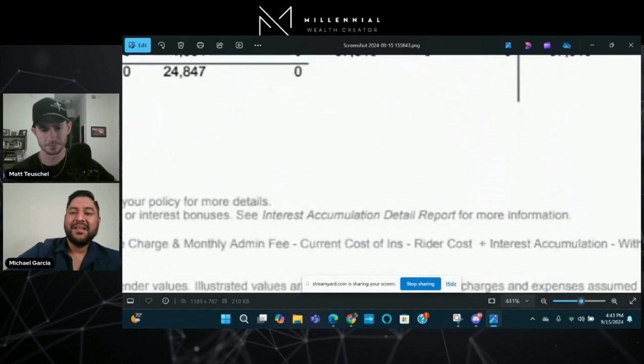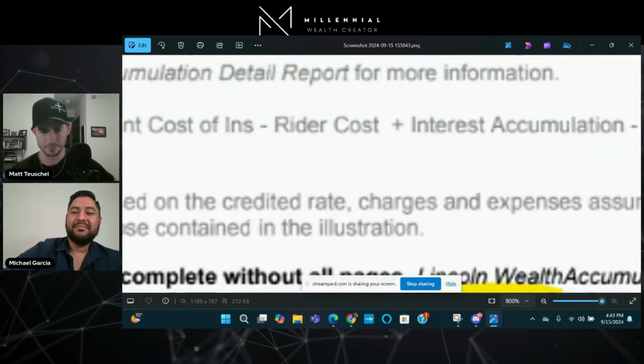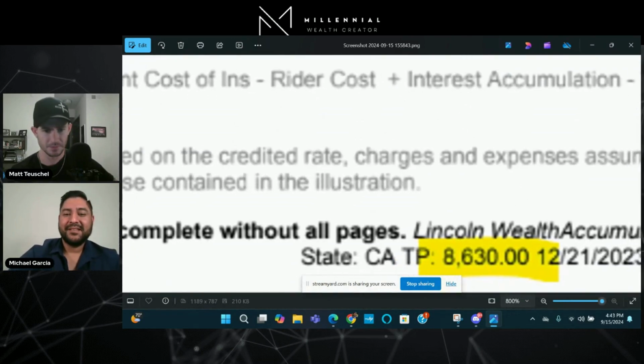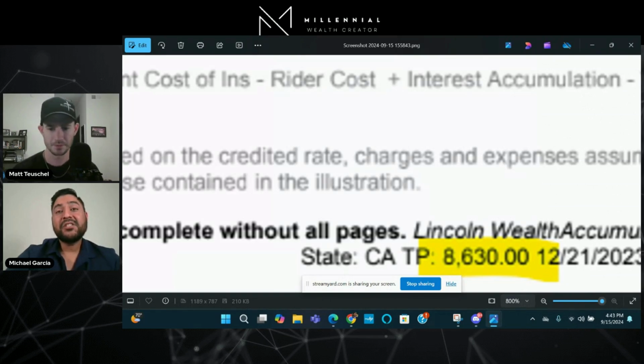So let's really blow this up. Do you see that, Matt, down there? TP, $8,630. Okay. Yep. So that's the target premium on this policy. What that means is this agent is earning on $8,630. Now, typically this is a rolling, it could be a 2-year rolling period.